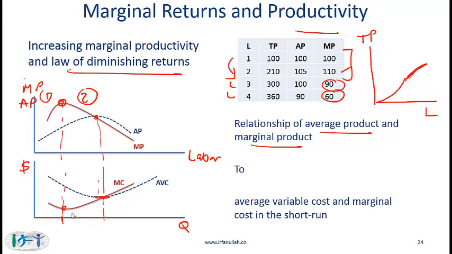Also, we have the average product going up and the average variable cost going down. And finally, in this region, we have average product and marginal product going down and marginal cost and average variable cost going up. So you can look at this and based on the pictures that you are seeing, try to remember the relationships.